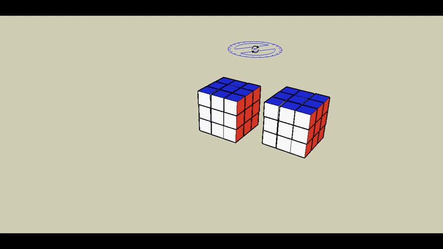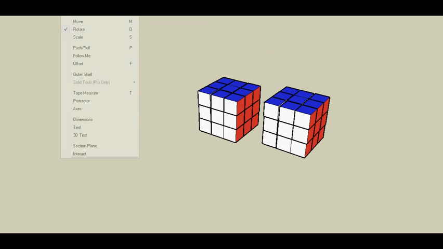So the motion of the Rubik's cube can have two components. We can assume that all the points travel the same amount of distance and then the cube rotates about an axis, about a center of rotation.